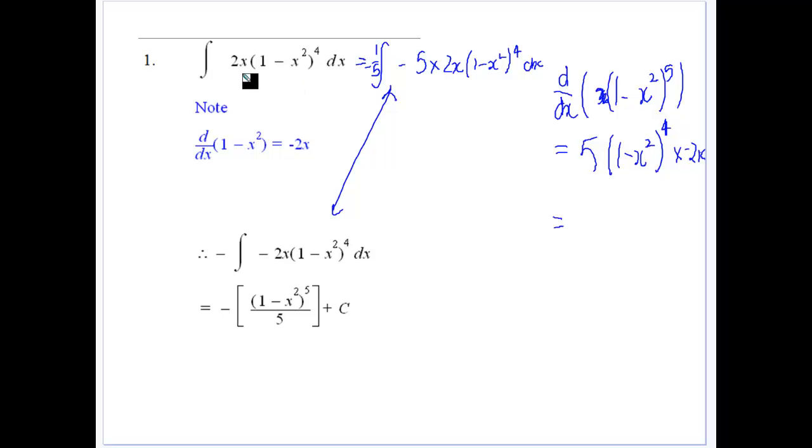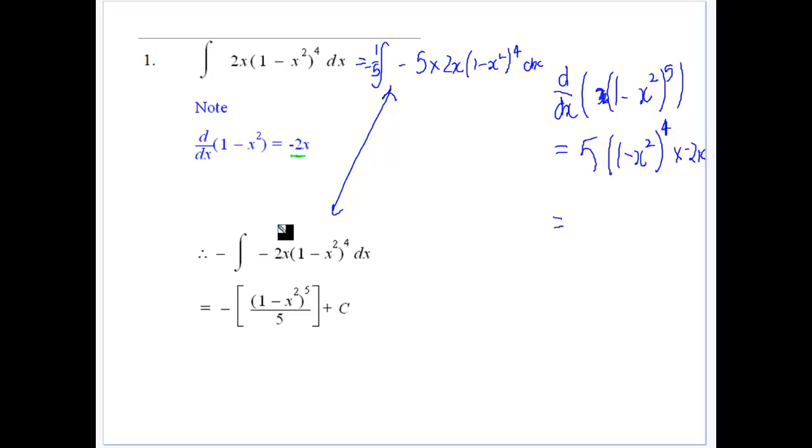Let's have a look at this one. 2x outside of (1 minus x squared) all to the power of 4. Again, we can treat it in this way: deriving 1 minus x squared gives us minus 2x. So it's only a positive 2x, so that's where we get the minus 2x out the front here. Because we can't change it, we put a minus there.